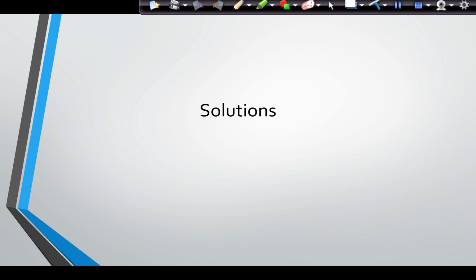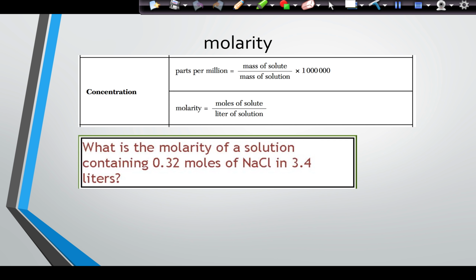The next chapter was solutions. And some people asked about molarity. When we were talking about molarity, we know that this formula is on Table T. It is a formula for concentration. And if we have a question that says, what is the molarity of a solution containing 0.32 moles in 3.4 liters? Notice moles goes over liters.